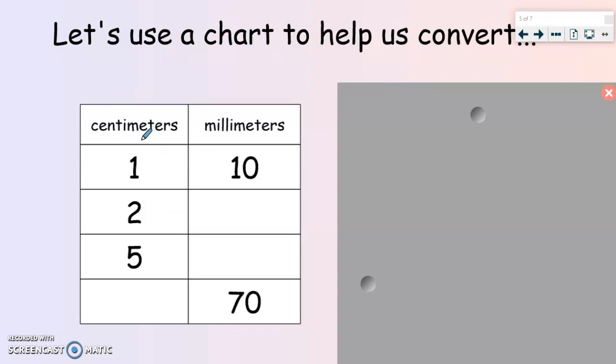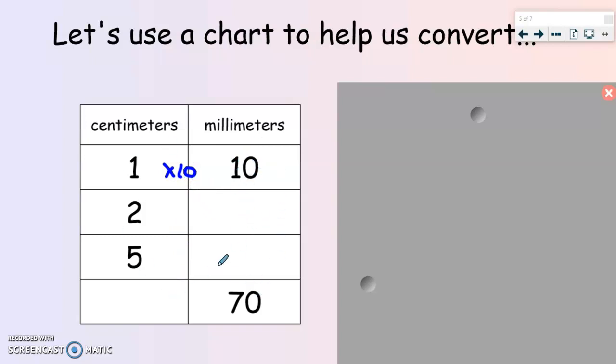If centimeters is our input and millimeters is our output, we know the rule that when we convert from centimeters to millimeters, we multiply by 10. So anything in this column here, you're going to multiply by 10, and your answer will go in this column here.